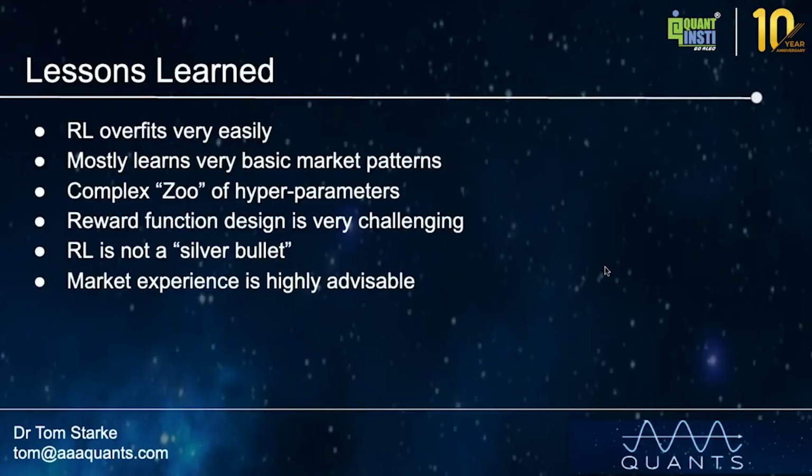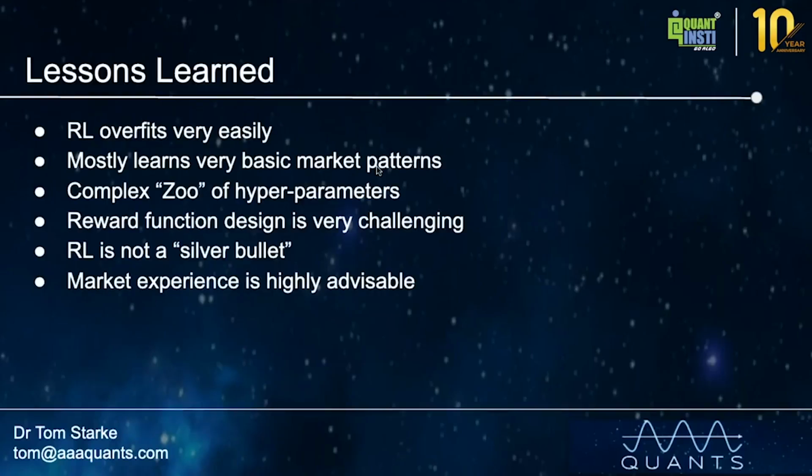So what are the lessons that we've learned so far from this? Reinforcement learning overfits very easily. It mostly learns very basic market patterns. What we often see is that it doesn't necessarily converge on learning very complex behaviors; oftentimes neural networks are a little bit dumb and they learn very basic market patterns, and so they only really act on those basic ideas, which is often not what we want.